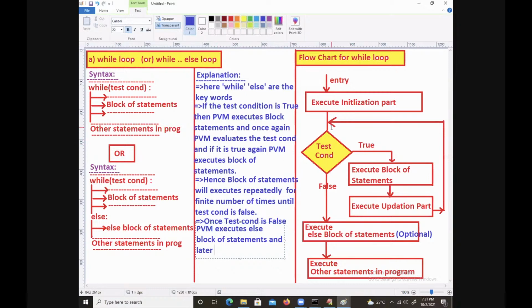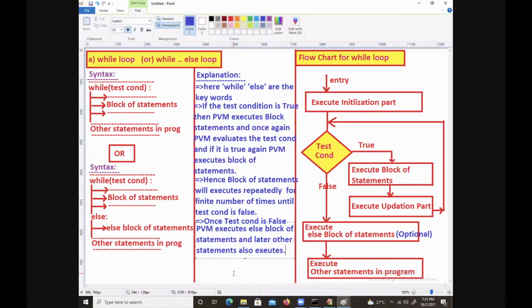All those things are mentioned in the diagram and are part of the syntax, so you need not write them. PVM executes the block of statements and later the other statements also execute.